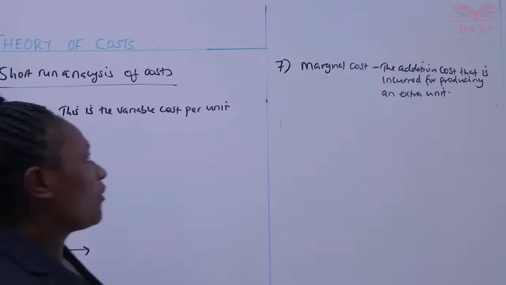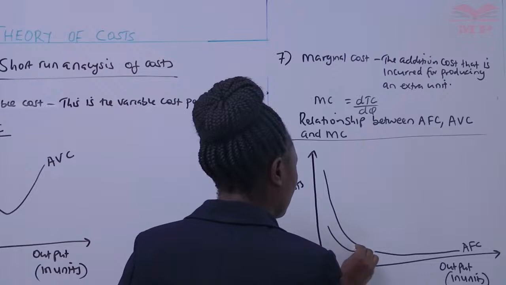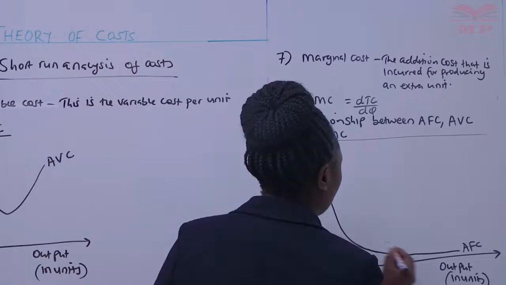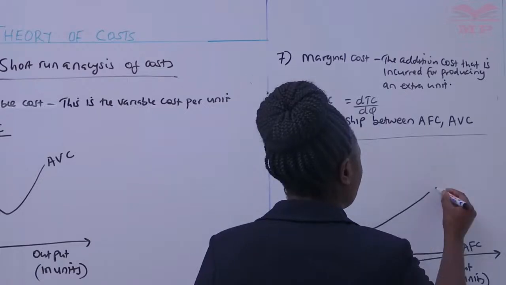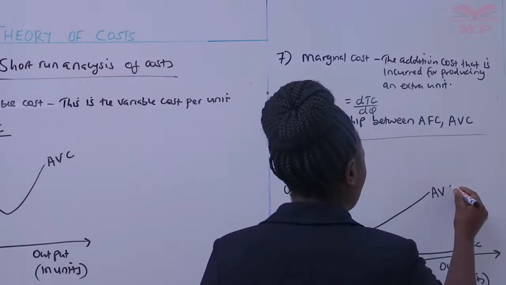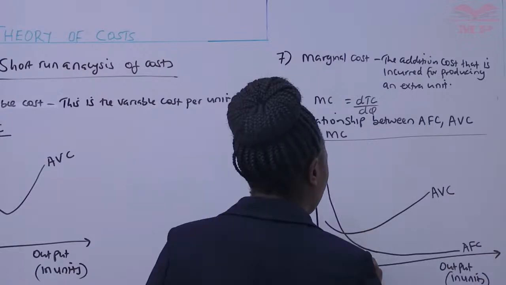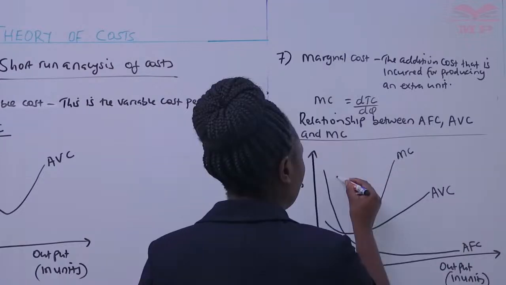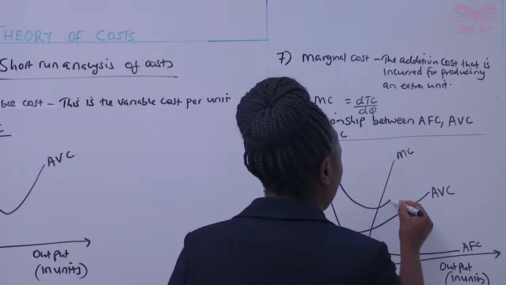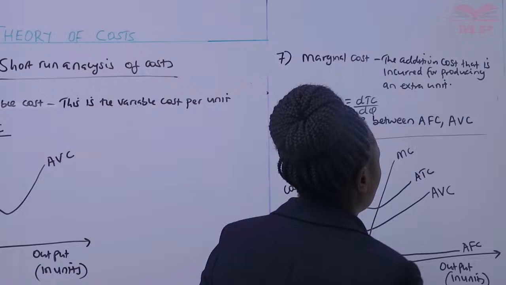So in simple words, what is a marginal cost? Like, for example, we have the average variable cost. Then we have the marginal cost, and then we have the average total cost.